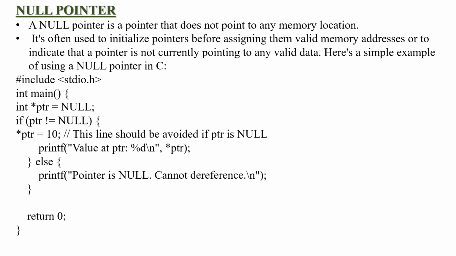In this example, we are checking if the pointer is null before dereferencing. If the pointer is not equal to null, then we proceed; this should be avoided if the pointer is null.